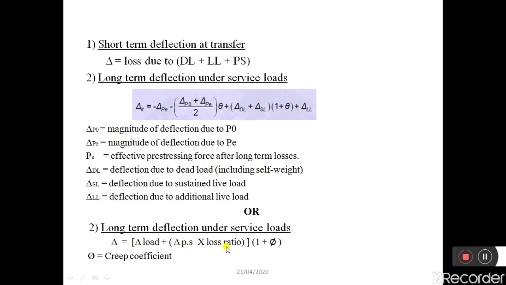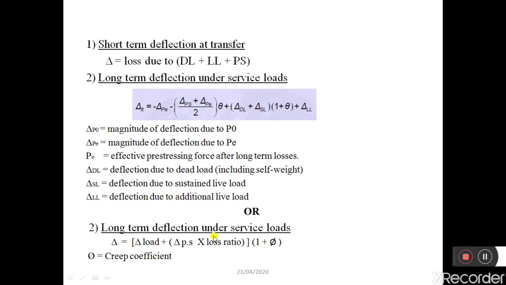If loss ratio is not given, consider loss ratio as 0.85. Remember, if loss ratio is not given, consider it as 0.85, into 1 plus phi, where phi is the creep of concrete. If creep of concrete is not given, then consider creep of concrete between 1.5 to 2. So these are the equations to calculate long-term and short-term deflection.